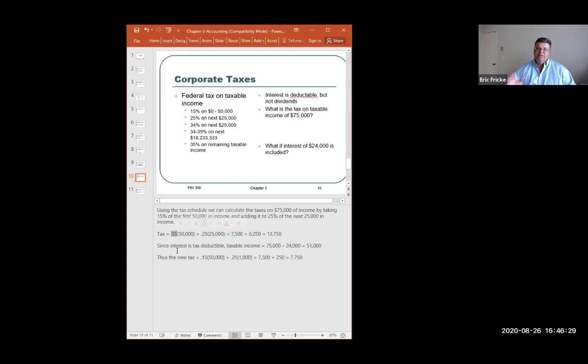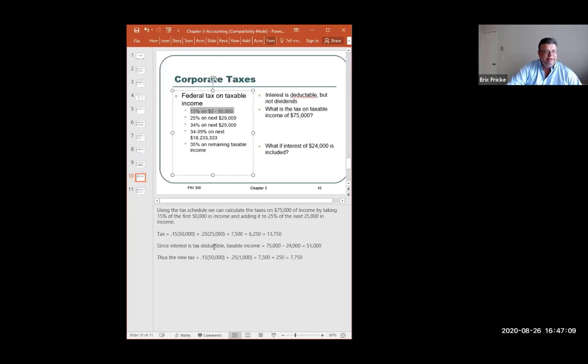Now remember it's $75,000 of net income, so above $50,000 we have another $25,000 in income, and on that portion we're going to pay a higher tax rate of 25%. Then we add those two up and we get $13,750. So you have to pay taxes on each of these brackets, and as you go up, you pay more taxes on each part of your net income.